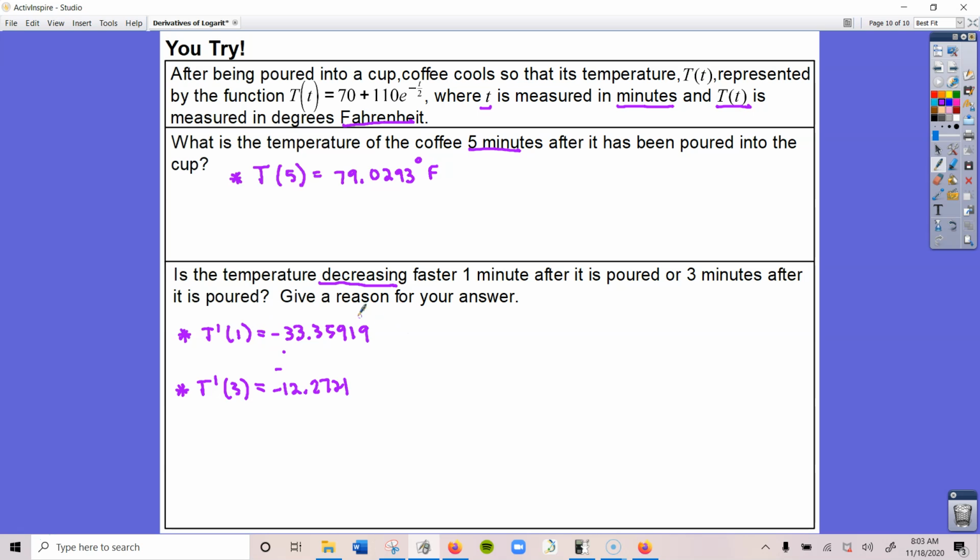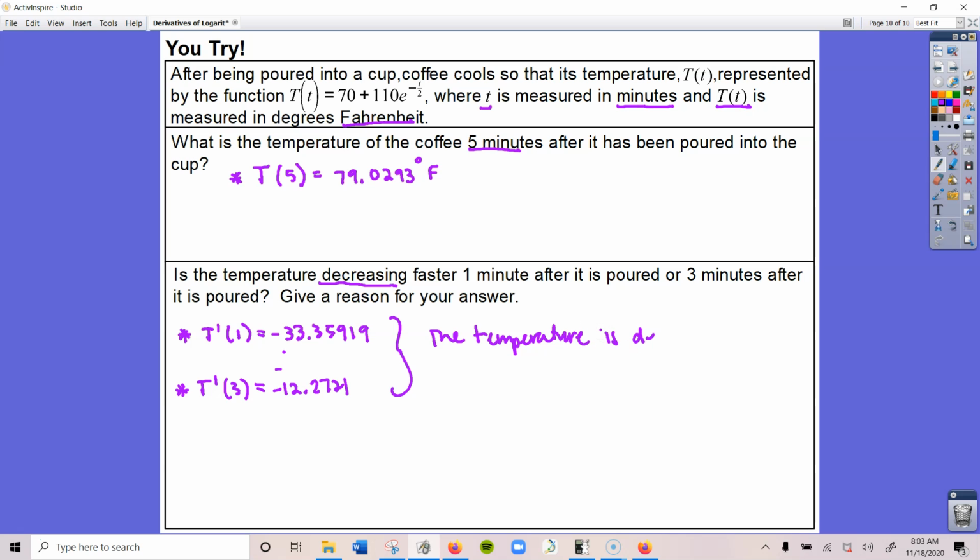Now what does this mean? This means that the cup of coffee is cooling down, or the temperature is decreasing faster, at 1 minute rather than 3 minutes. And I'll explain the reasoning now. You can basically just restate the question so that you're using the proper wording.